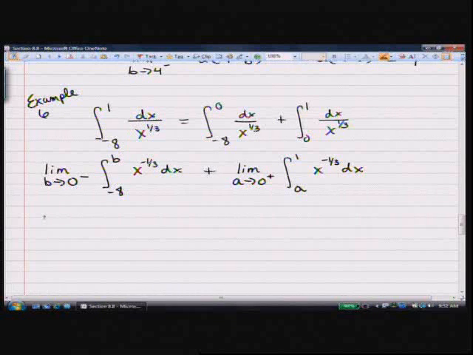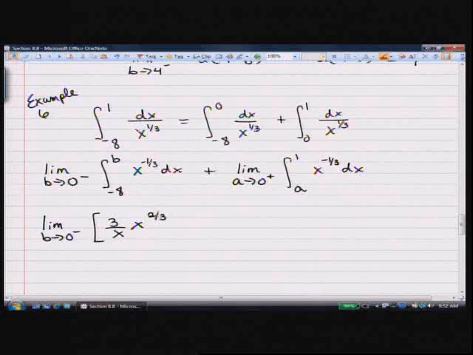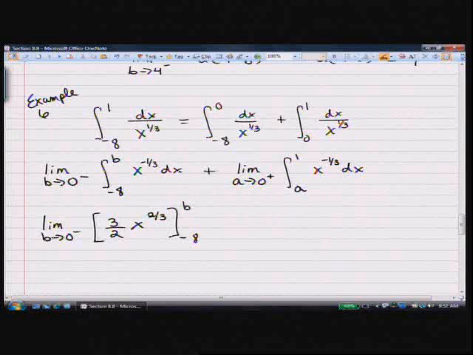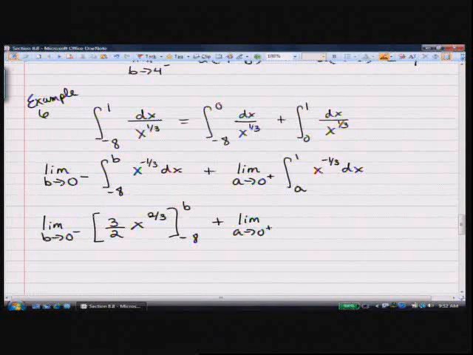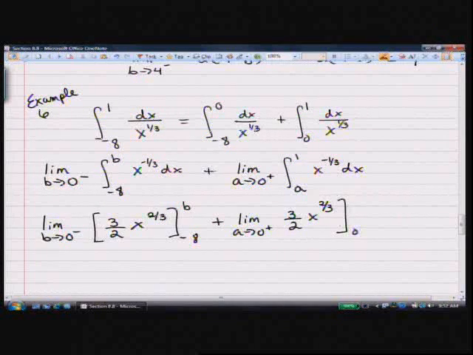Okay, and so this is the limit as b approaches 0 from the left. You add 1 to the exponent, which will make it 2/3, and put it over. It's just going to be 3/2 x to the 2/3, evaluated between -8 and b, plus the limit as a approaches 0 from the right of 3/2 x to the 2/3 between 0 and 1.